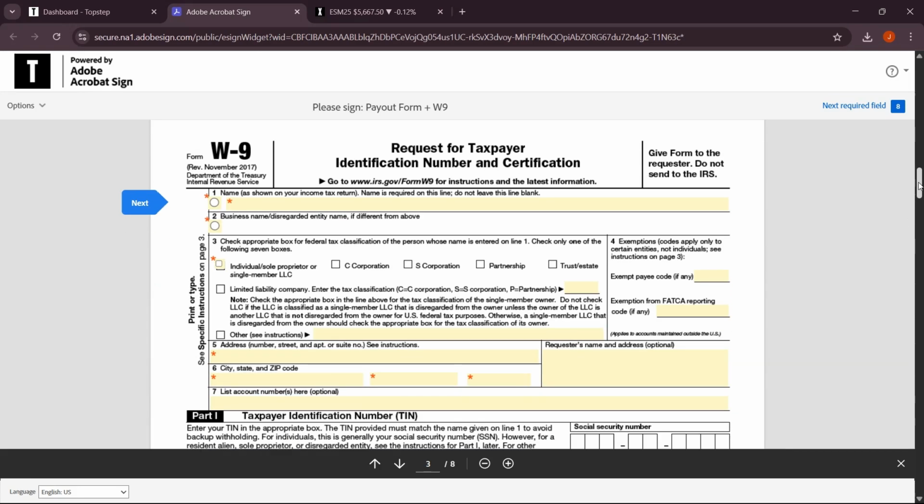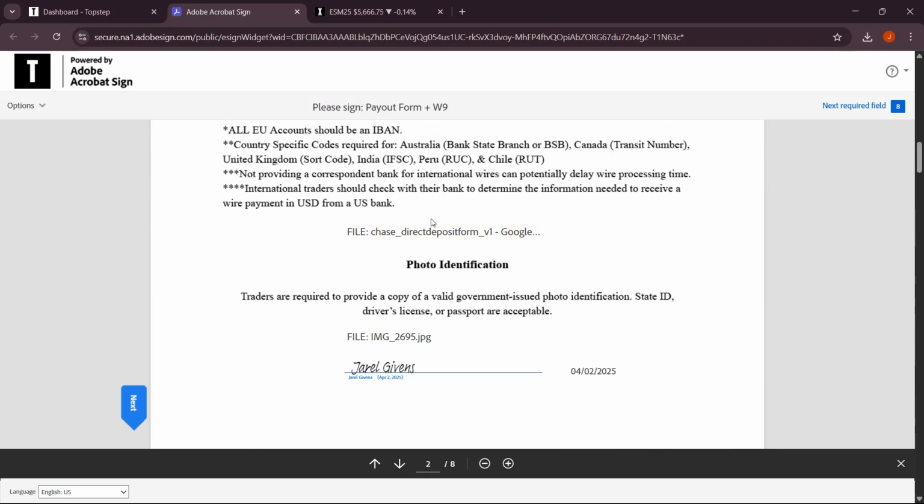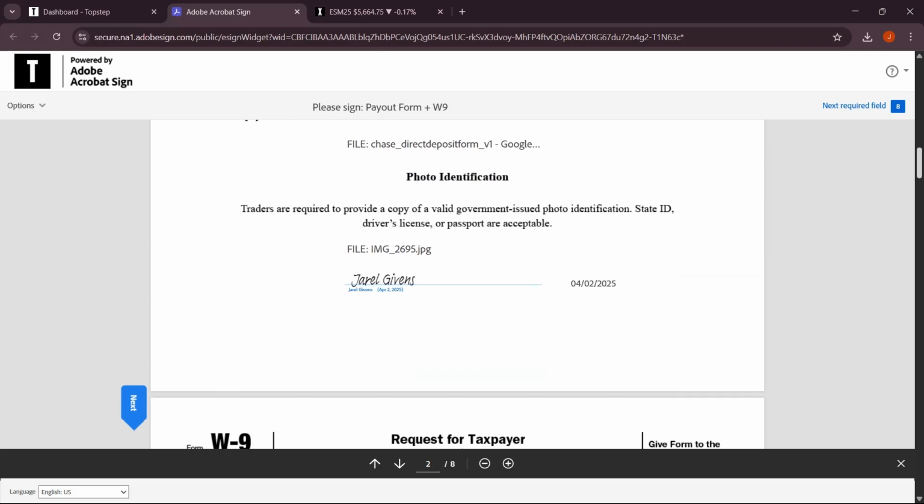All right, so it took way longer than expected to send my form and my ID. I just sent a voided check from Chase, and hopefully it goes through. I got my account number, my routing number, and the name of the bank on there.